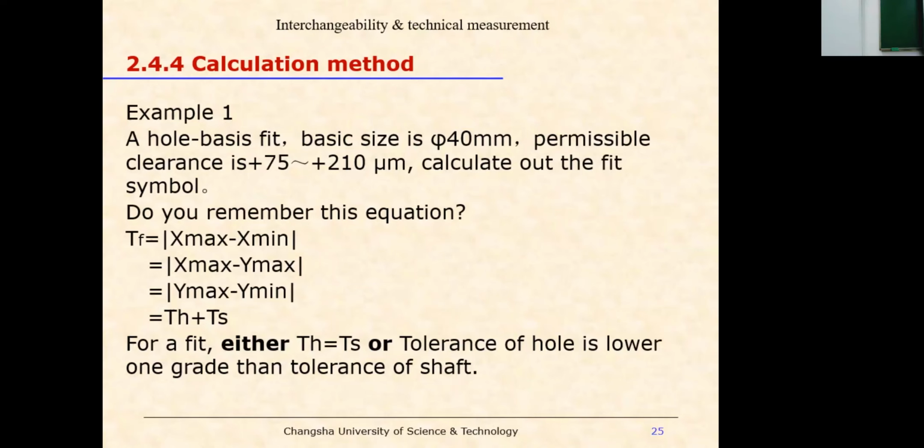It depends on which grade you choose. The condition is that the base size is 14, the diameter is 14, and the permissible clearance is 70 to 210. That is the condition related to designing the fit. I also tell you the clearance.